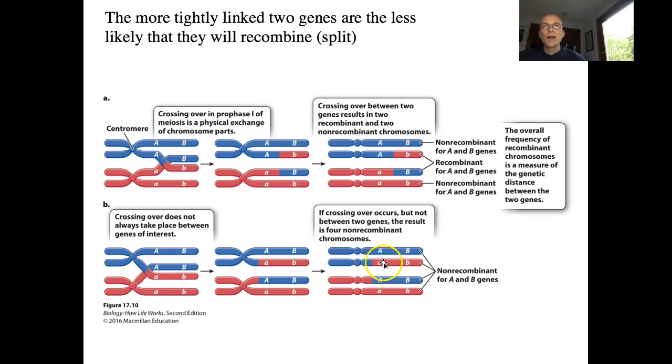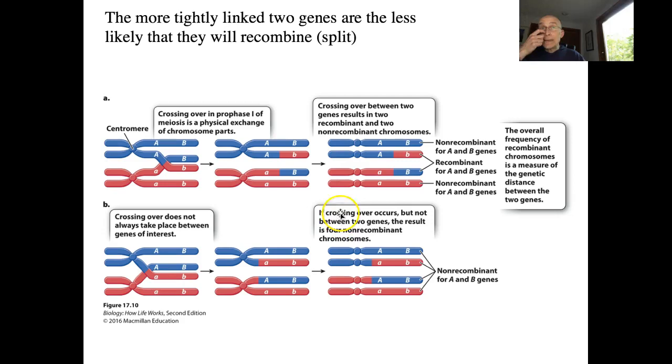These are still recombinant chromosomes, but they're not recombinant with respect to genes A and B. Here we have blue A and red B. Even in the recombinant chromosome, we have red A and red B, or blue A and blue B. So these are non-recombinant for the particular genes.